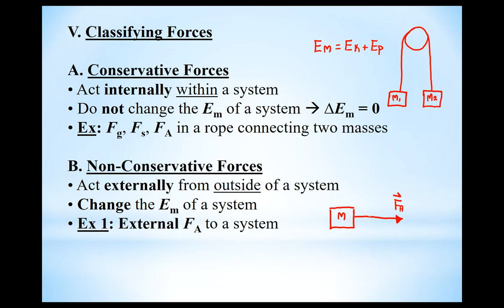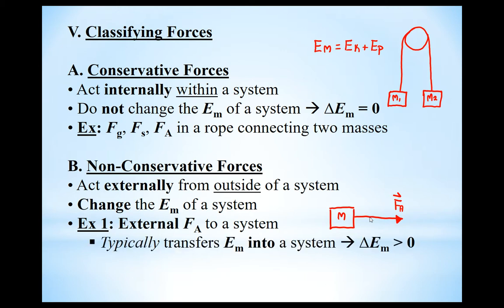And if this mass was initially at rest, and if it was on the ground, it would have no mechanical energy. If you apply force to the right and you get the mass to move, then it would have kinetic energy. Therefore, my mechanical energy has gone up due to that increase in kinetic energy. So typically, an external applied force transfers mechanical energy into your system.